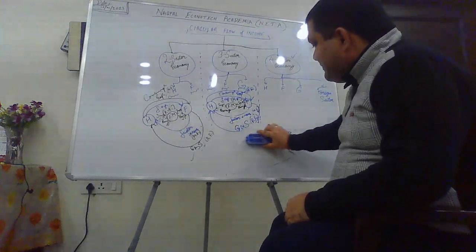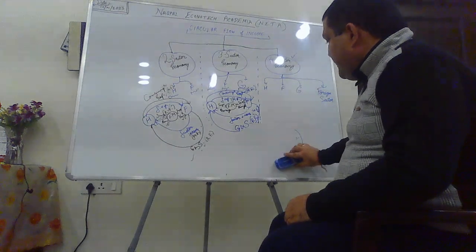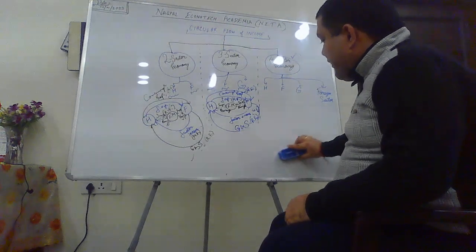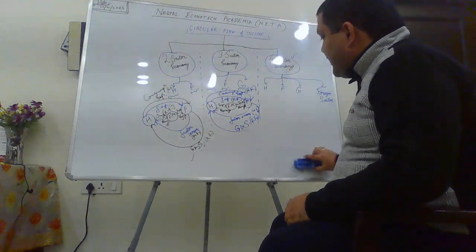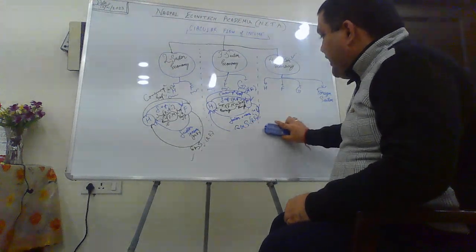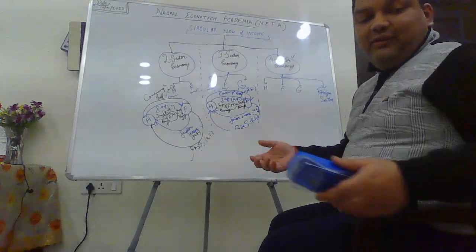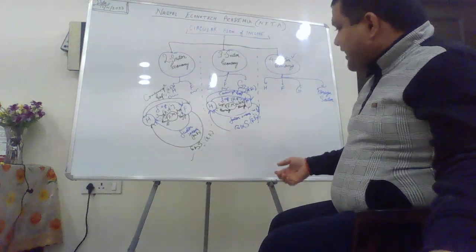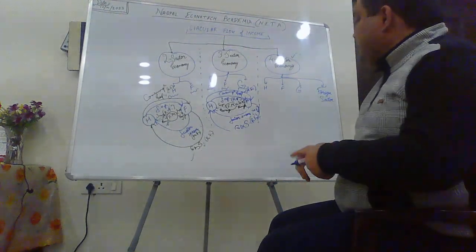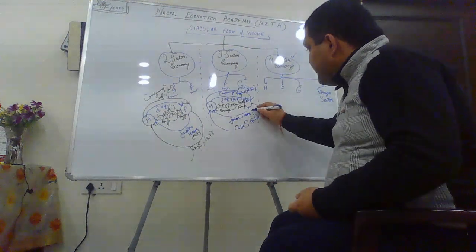As we have developed the understanding of the factors of production, be it land, labor, capital, and enterprise, and in return the factor incomes in the form of rent, wages, interest, and profit. So I am making some space for our better understanding and better presentation.